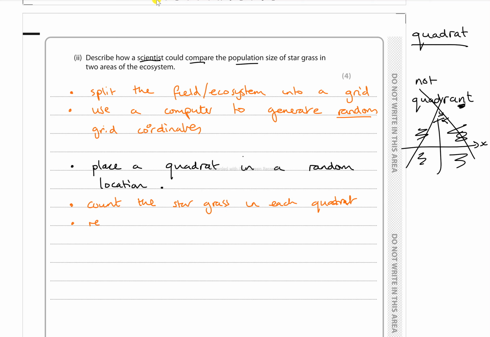Then what you do is you repeat a few times. Remove any anomalies.